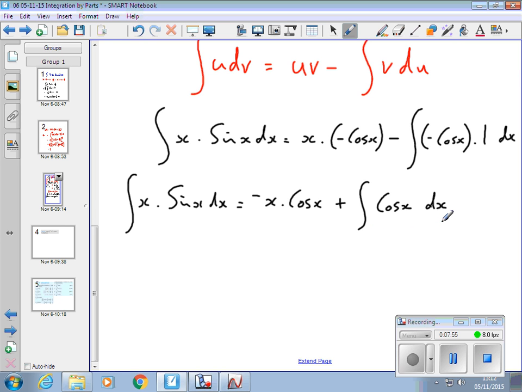So we end up with minus x cos x plus sine x. And that's the answer. But now we've done the integral, add the c. So our final integral of x sine x turns out to be this.